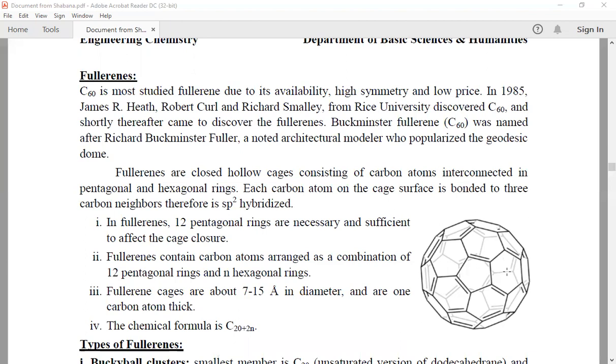They were awarded the Nobel Prize in 1996 for their work. The name fullerene was given as a homage to Buckminster Fuller, one of the scientists whose geodesic domes the molecule resembles.